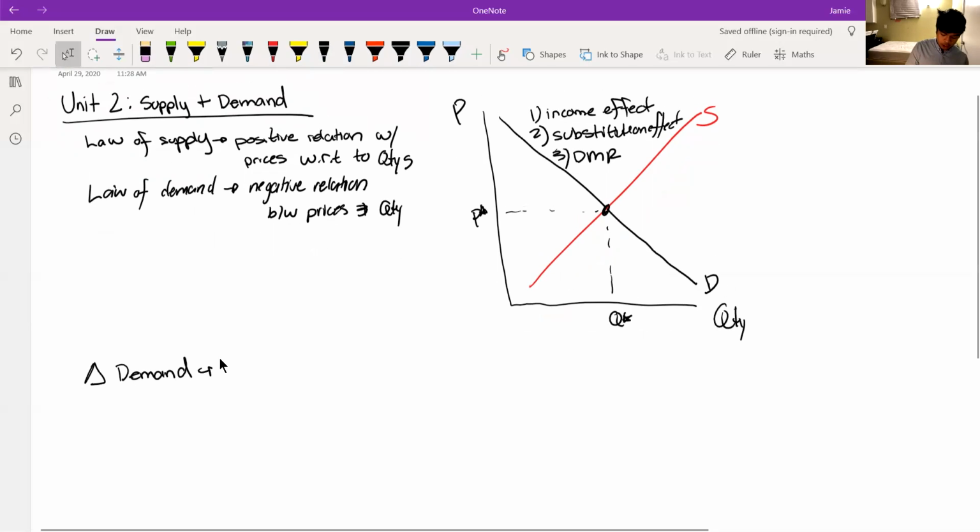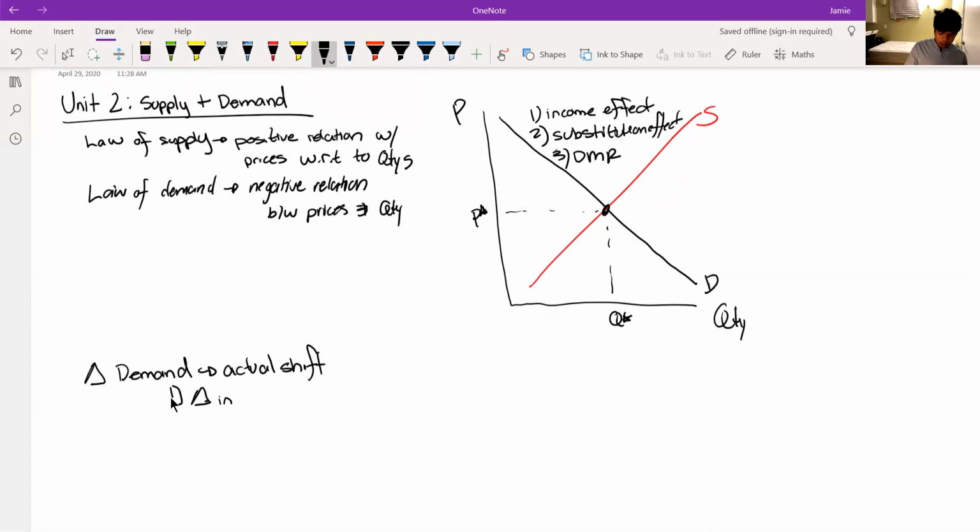It's an actual shift. There are multiple reasons, and I'm just going to label a few. That could be changes of related goods, which are broken down into complements and substitutes.